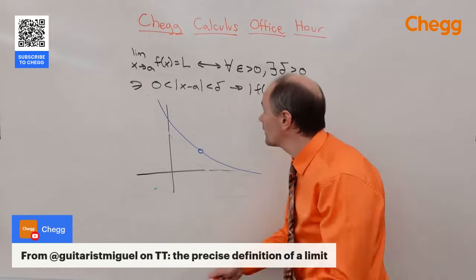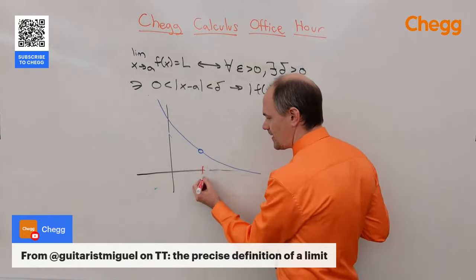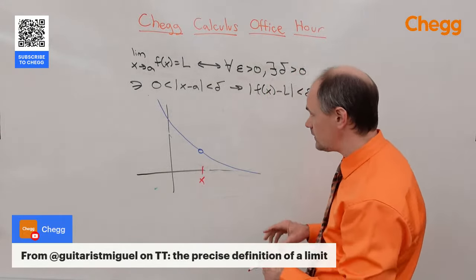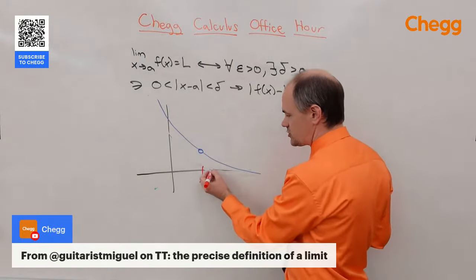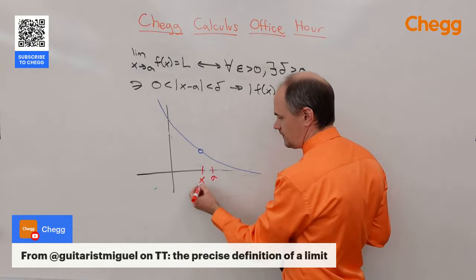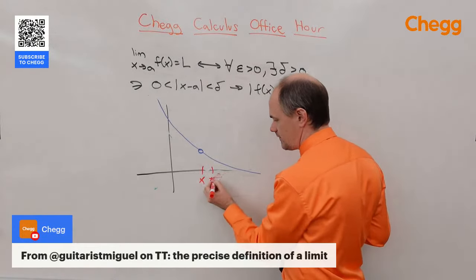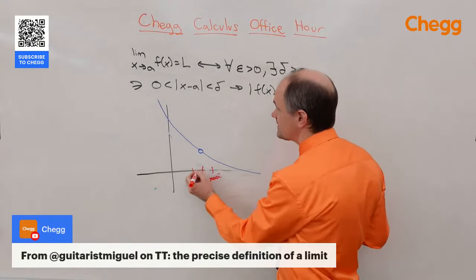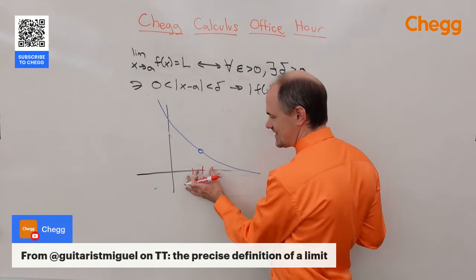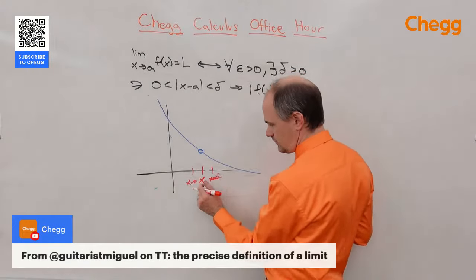And so that's the idea we're going to get at, is we're going to have some x value. And we're going to move a in each direction. So this is x plus a, and this is x minus a. This distance is going to be less than the delta.